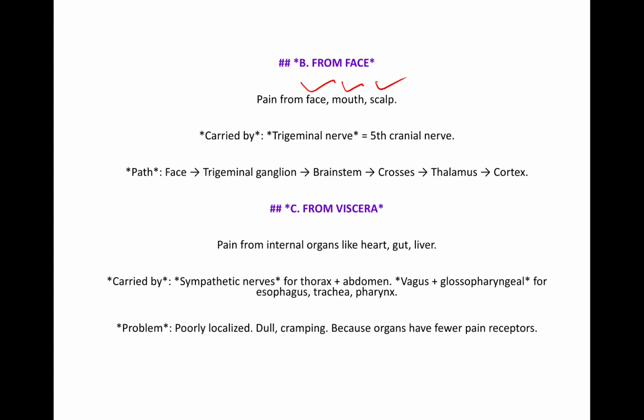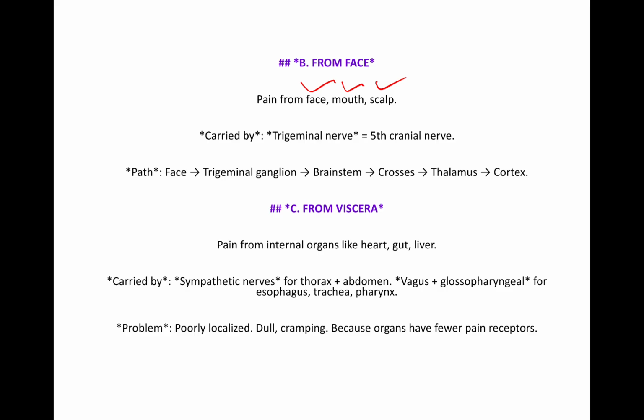From the trigeminal ganglion, it will reach the brainstem, from where it crosses to the opposite side and reaches the thalamus. Okay? After which it will reach the cortex again. Same thing, only the trigeminal ganglion is added here.